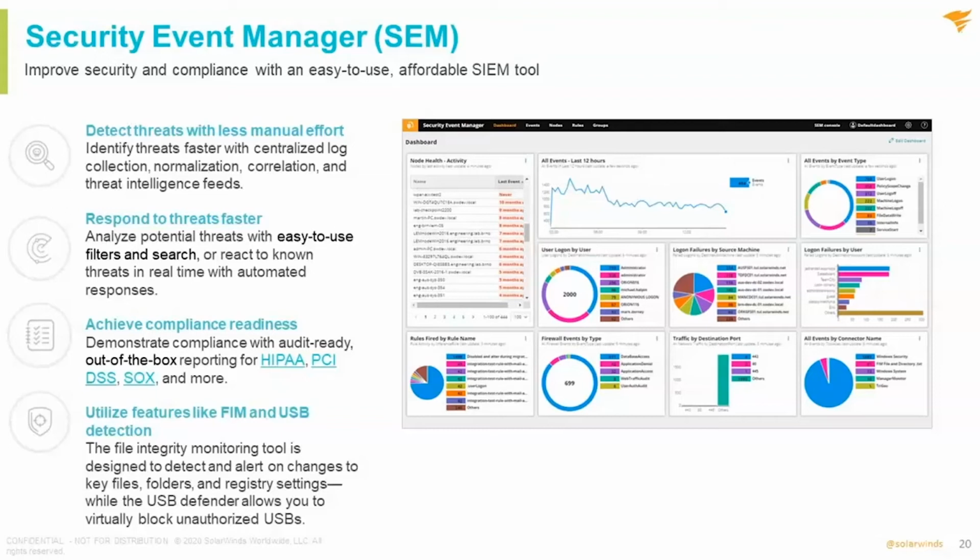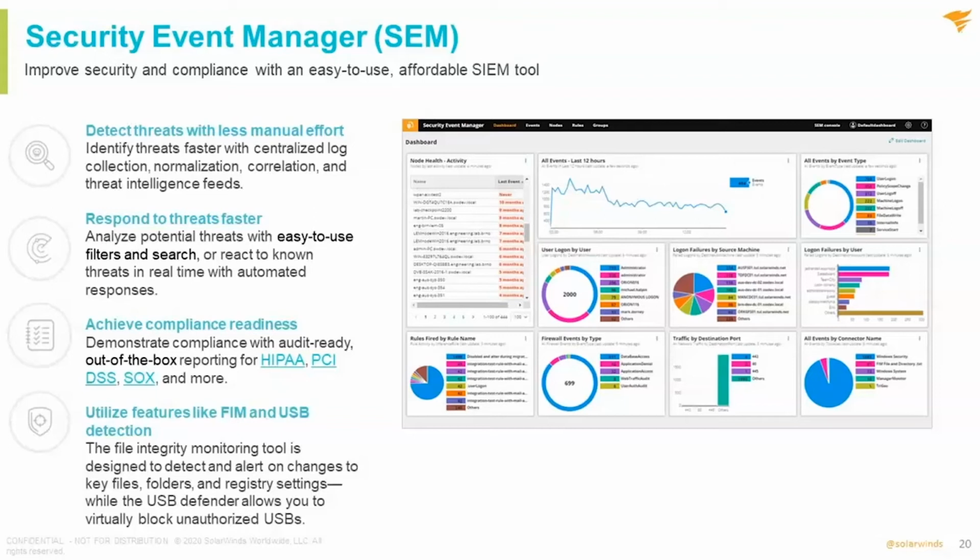On top of that, we also offer a lot of out-of-the-box filters and reporting for compliance. So many regulations are in play: HIPAA within the healthcare world, PCI DSS within banking and financial institutions, also GDPR in Europe.